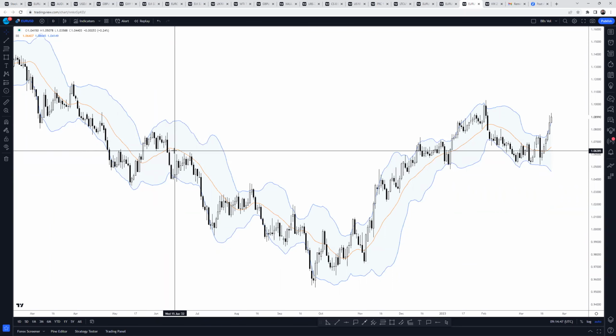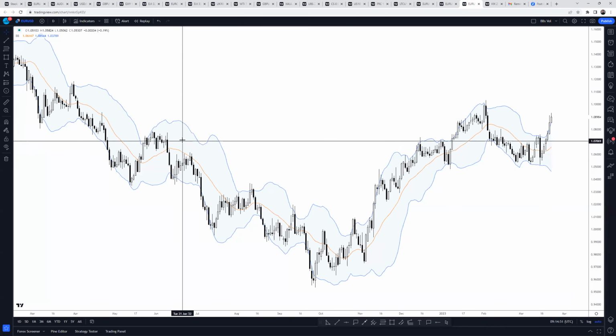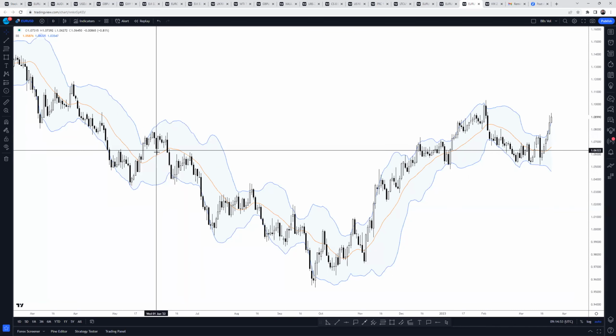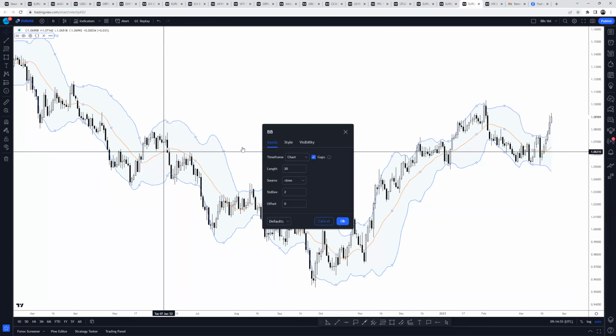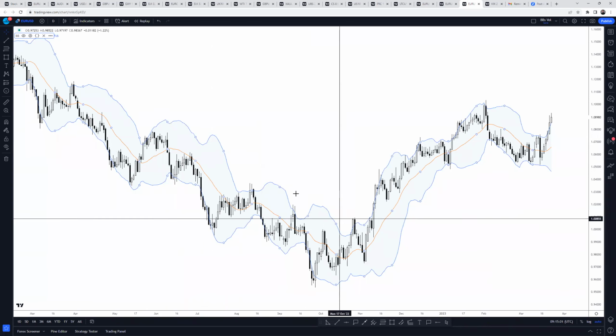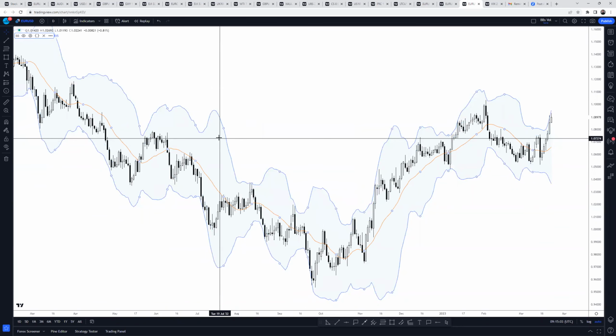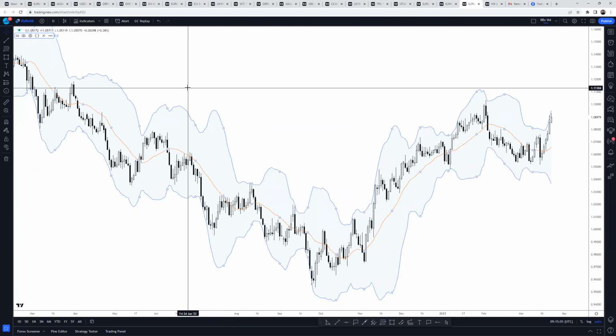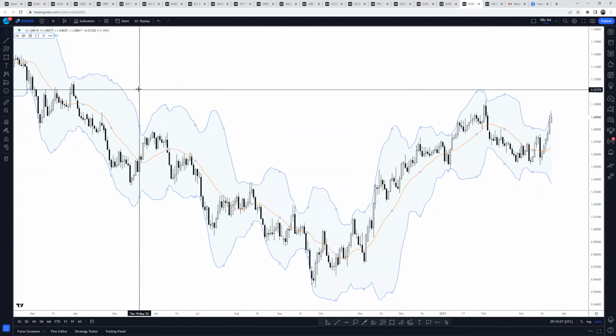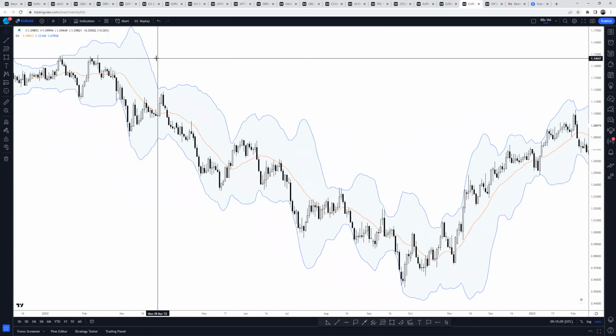Two standard deviations imply 95% of price movement is contained within these 2 bands. If I go to the inputs again and change that to 3 standard deviations, which contains around 99.7% of the price action, you will see, there we go. It's rounded up, it's 100%. So 100% is contained within the bands.